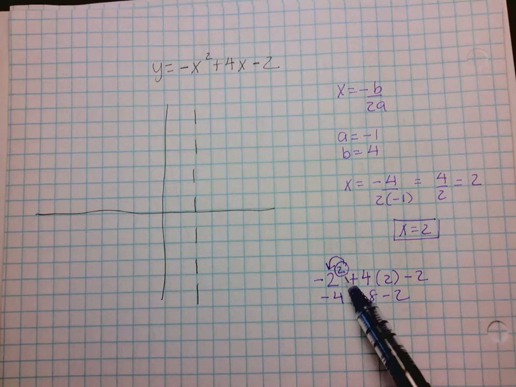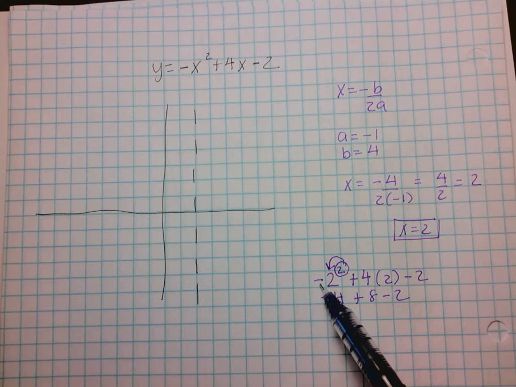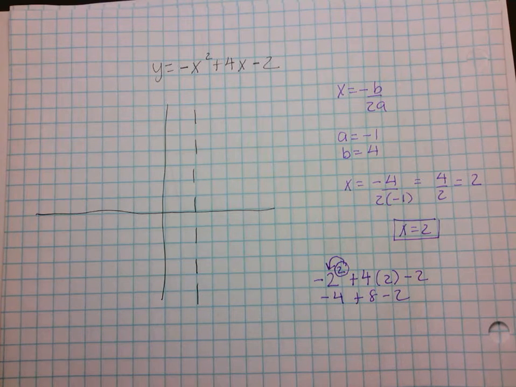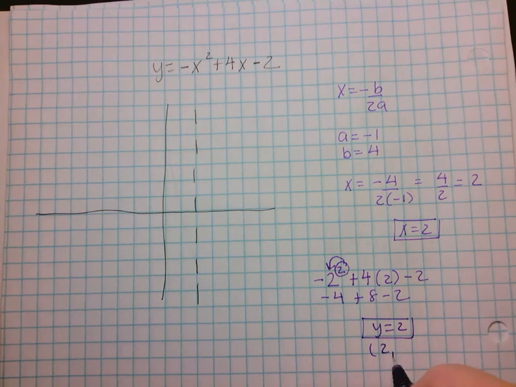This exponent here only goes to my x, the value of x. It doesn't go to the negative. Be very careful about that. Okay, so then I have negative 4 plus 8 minus 2, so I have 2. So now I know my vertex is at 2, 2.